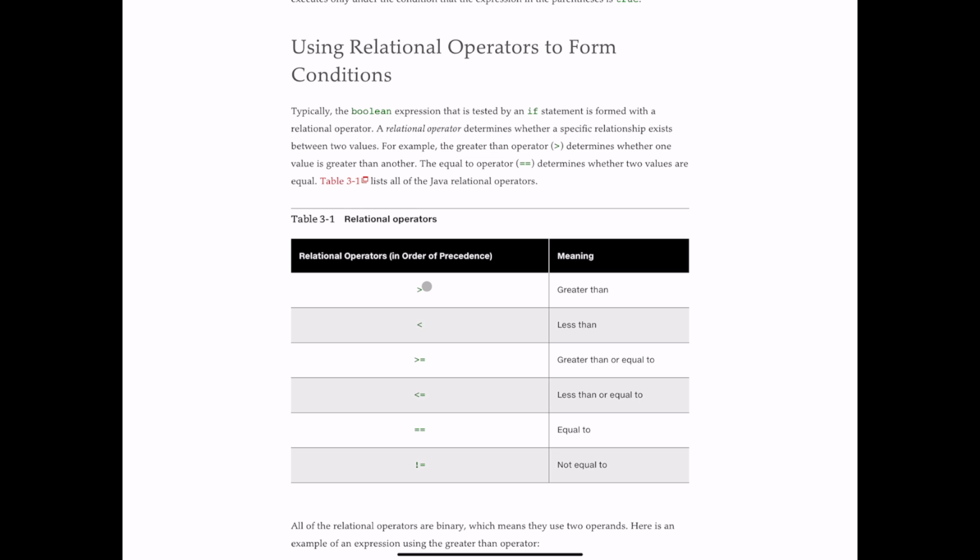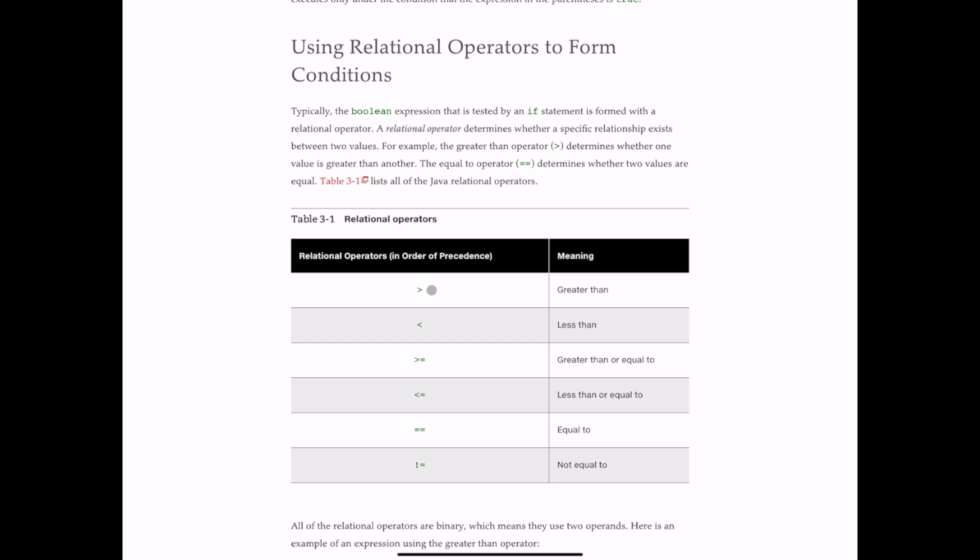Now, something to note here is you can only ever test two things at a time, A versus B. Then you can do B versus C. Then you can do C versus D.